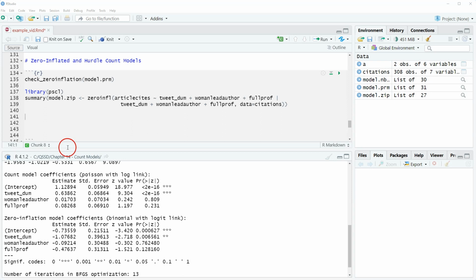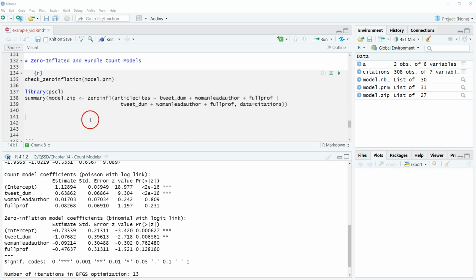So let's take a look at it. The Vuong test is a likelihood ratio test where the null hypothesis is that both the zero-inflated and the standard count model are equally close to the actual model, where you don't know what the actual model really is. The alternative hypothesis is that one of them is better. The Vuong test has a test statistic based on an asymptotically normal distribution.